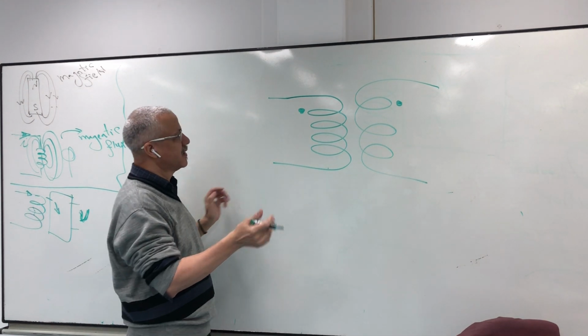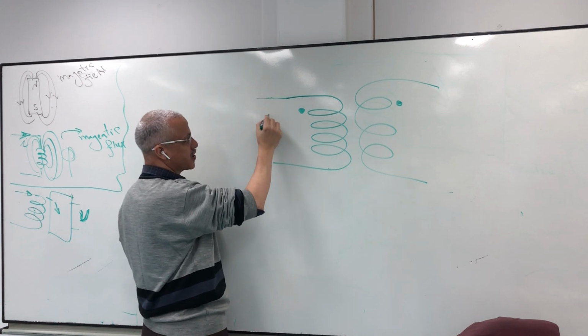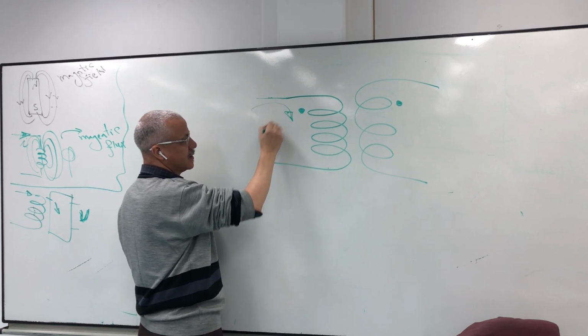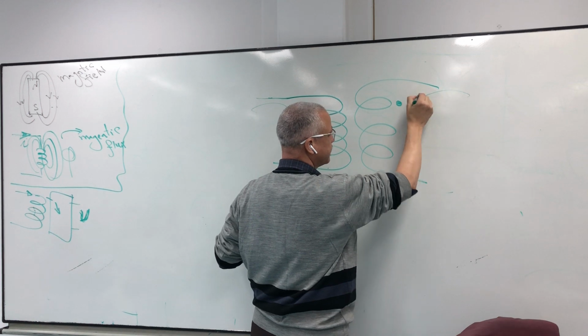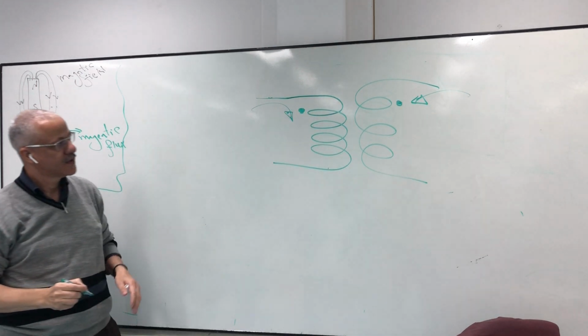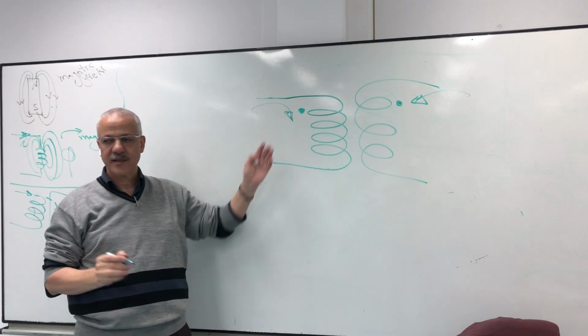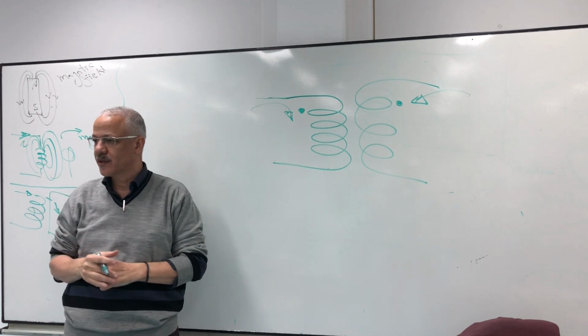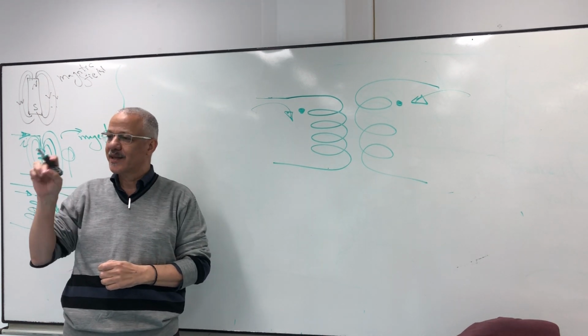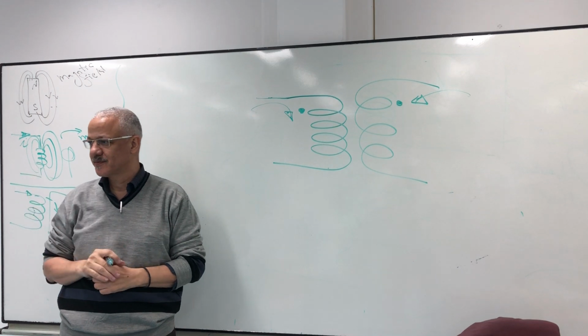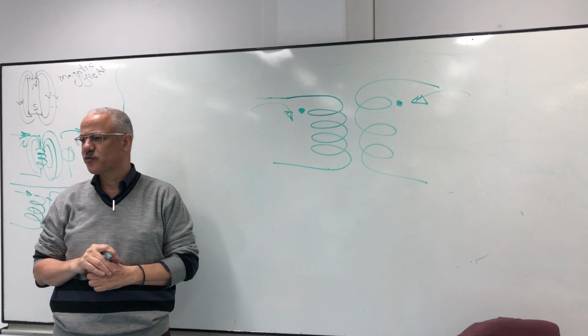If I assume any direction of current here and the current here, for example, does the current enter the dot or leave the dot? Enter. When the current enters the dot, this is positive.